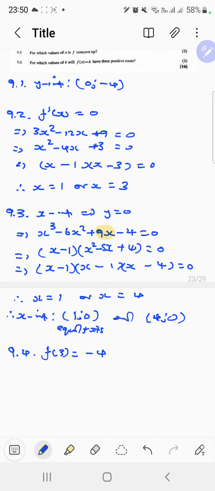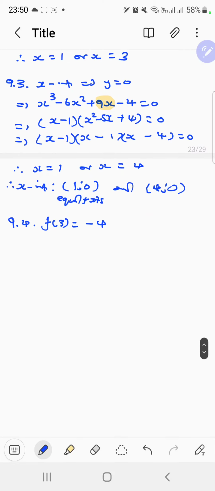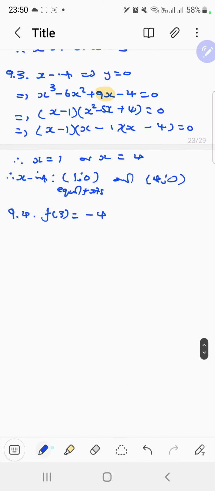Okay, so that's not a problem. Let me just double check. Is everything the way it is here? Yeah, it looks all right. So it's minus 4. Okay, so this is fine. So this other turning point is 3 is to minus 4, and then we can go and do the sketch now.